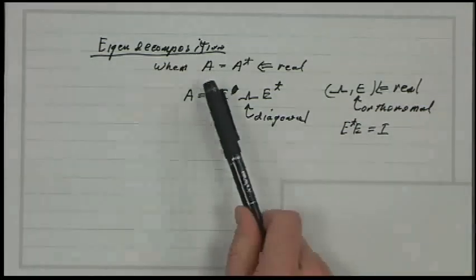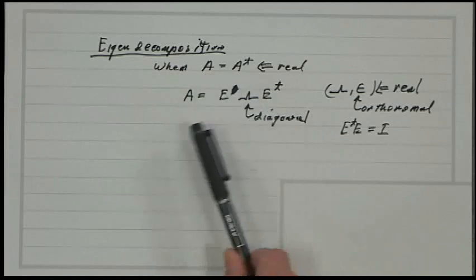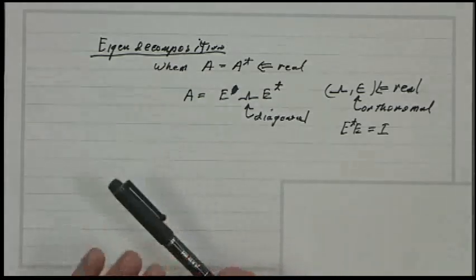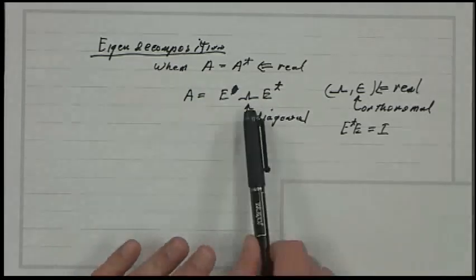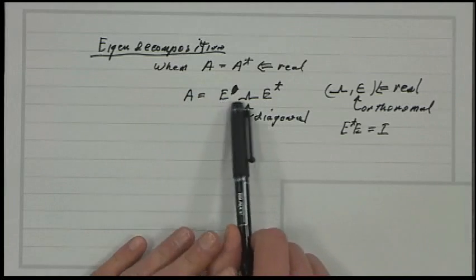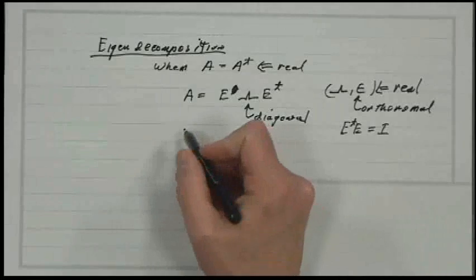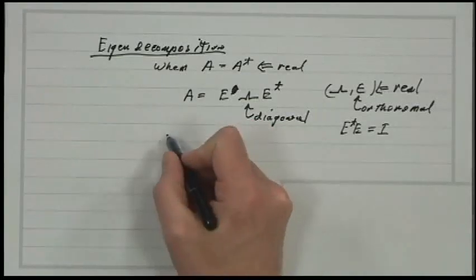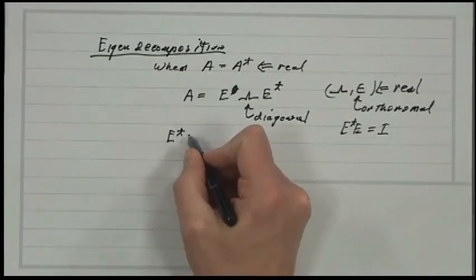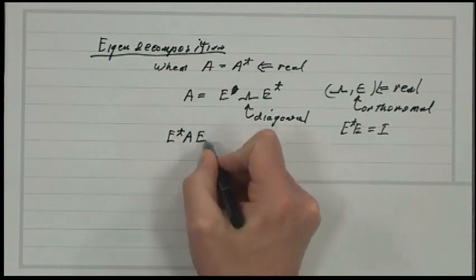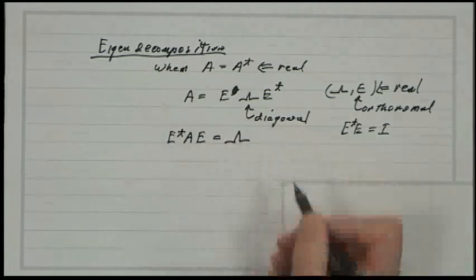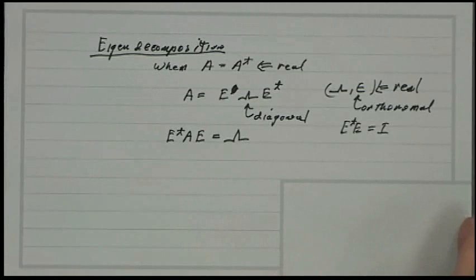So when A is symmetric, the eigen decomposition has all these nice properties. First of all, the eigen decomposition diagonalizes A. If I take E transpose A times E, that's lambda. So the eigen decomposition diagonalizes the matrix when it's symmetric.